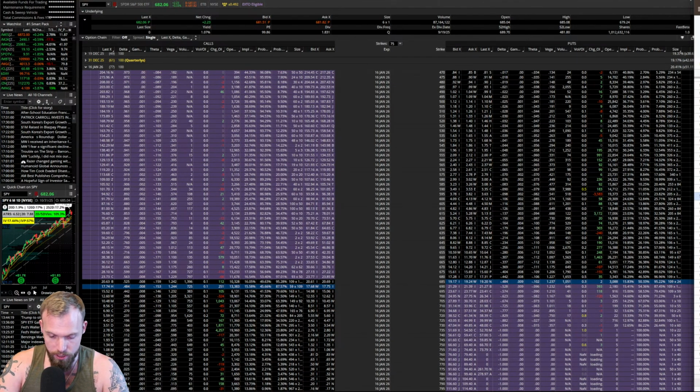So the delta for these calls, 48. The delta for the puts is negative 0.48. Gamma on the calls is 0.008, and then puts 0.009. Theta is negative 0.153, and then theta is negative 0.102. Vega is 1.244. Vega is 1.237.